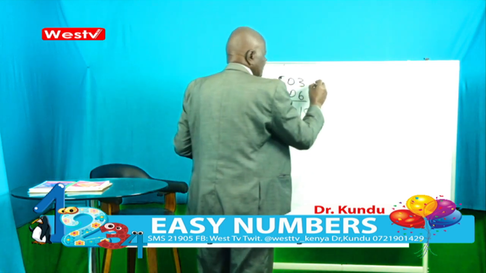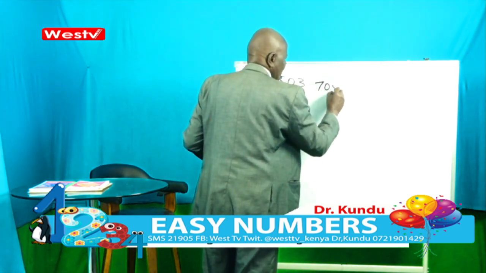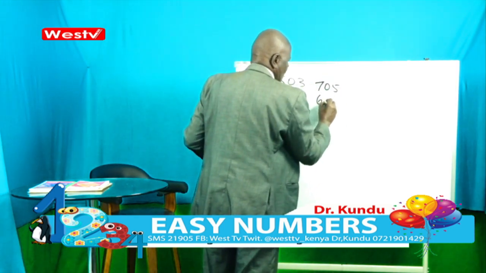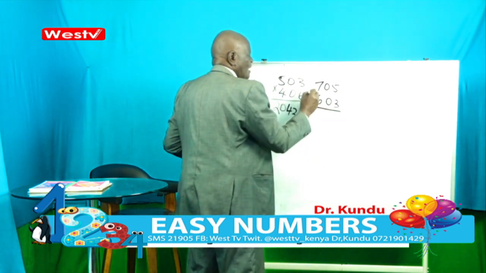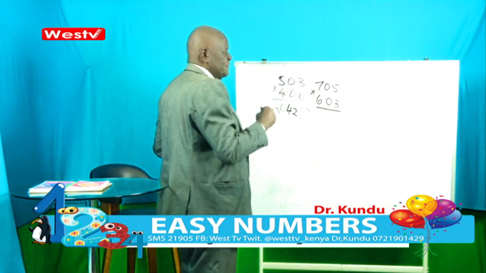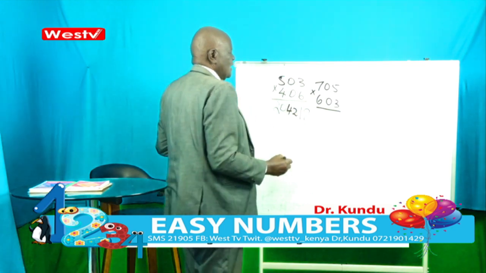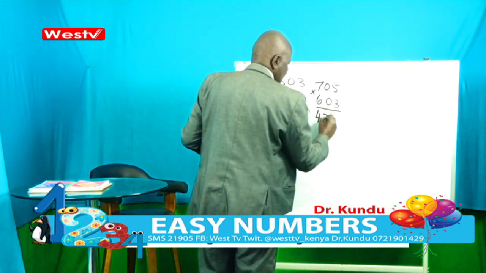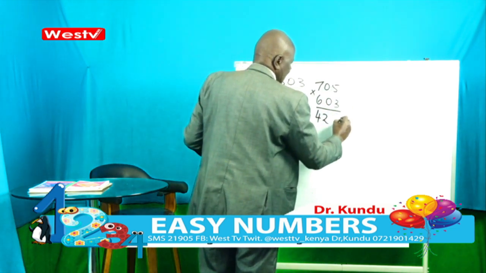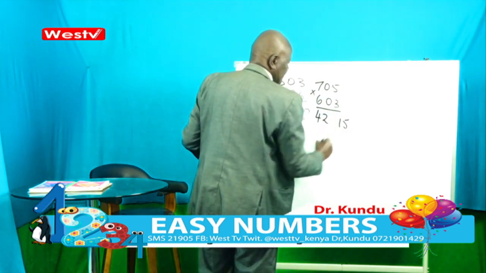Another example will be 7 0 5 times 6 0 3. You multiply left, multiply right. So the left 6 times 7 is 42, and the right 3 times 5 is 15.